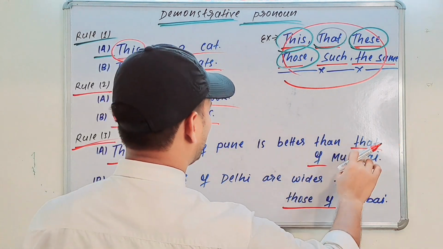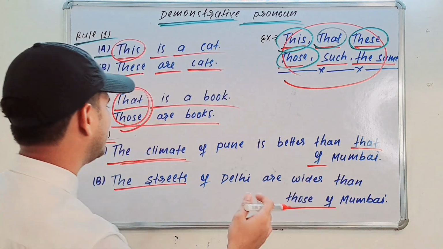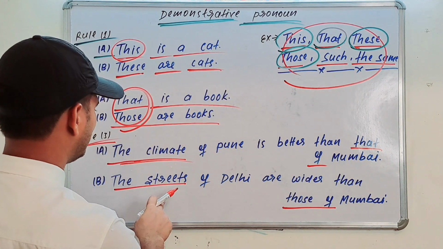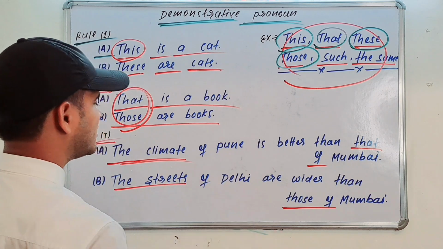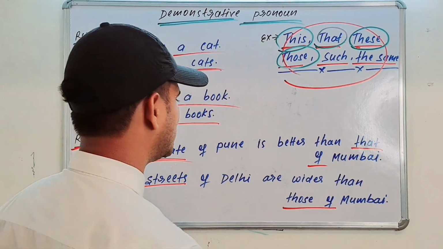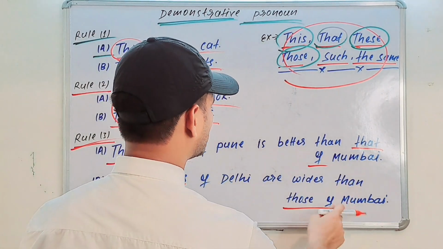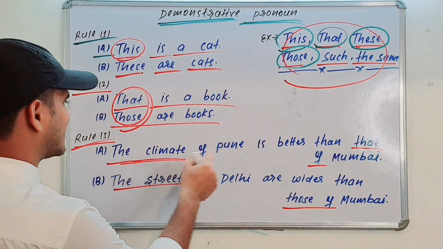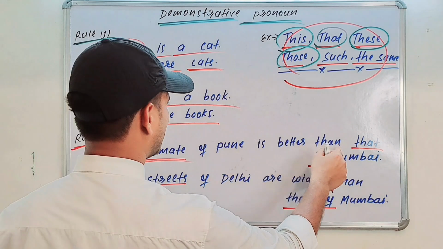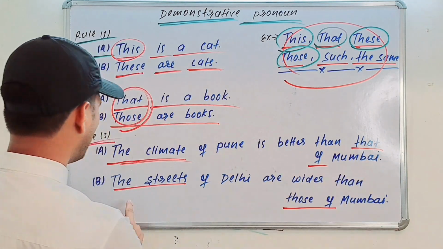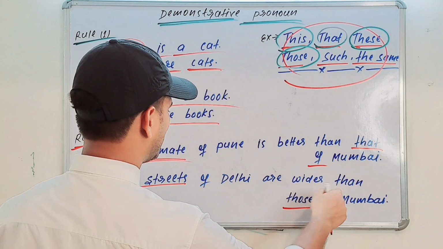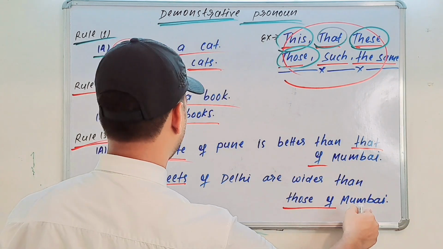So that's why "that of" and "those of" are used to eliminate the repetitive use of singular and plural nouns. Just suppose there is no use of "those of" and "that of", then the sentences will be: the climate of Pune is better than the climate of Mumbai, and the streets of Delhi are wider than the streets of Mumbai.